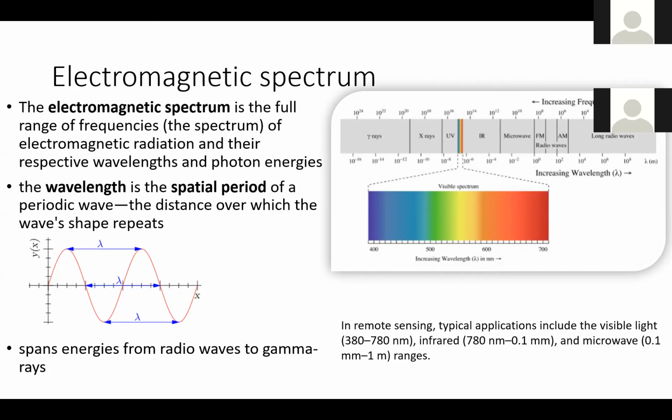And wavelength is the spatial period of a periodic wave. And in remote sensing, the typical applications include visible light, which is in the range of 380 to 780 nanometers, infrared and microwave ranges.